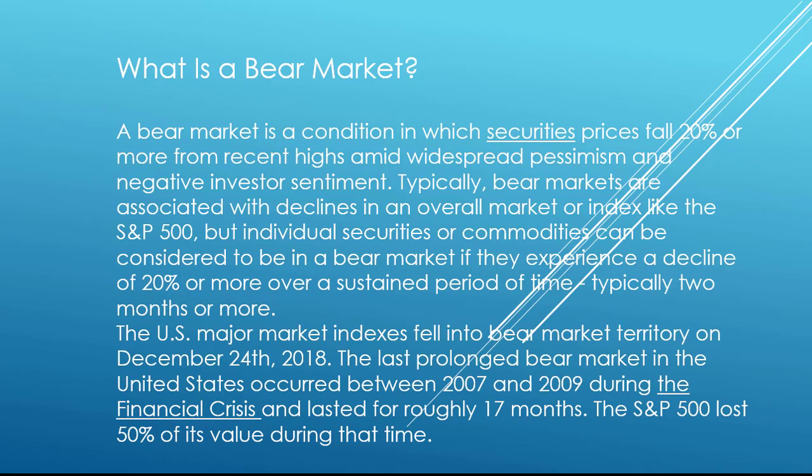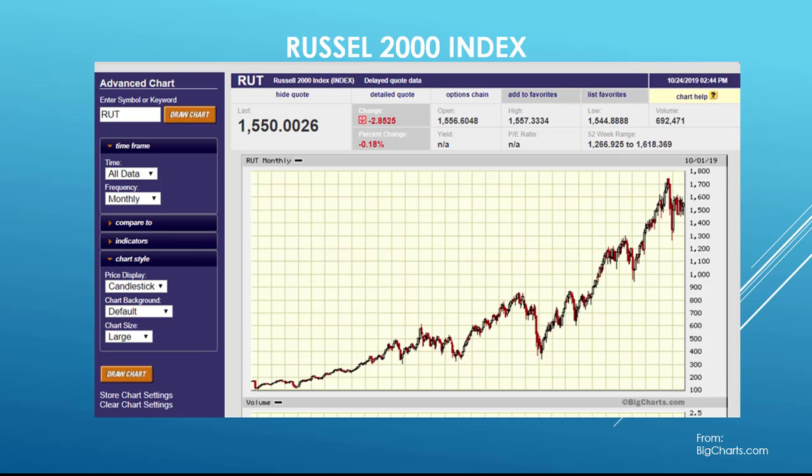Bear markets tend to be short-lived compared to bull markets. Bull markets tend to be much more elongated but less aggressive, whereas in a bear market, the market tends to fall rapidly in a shorter period of time but then recover more quickly.